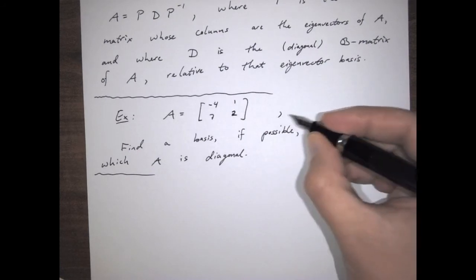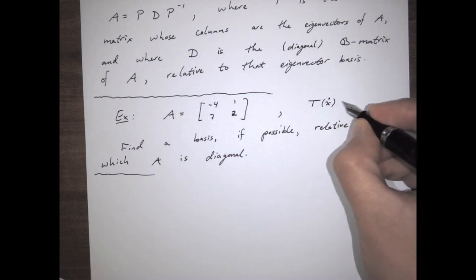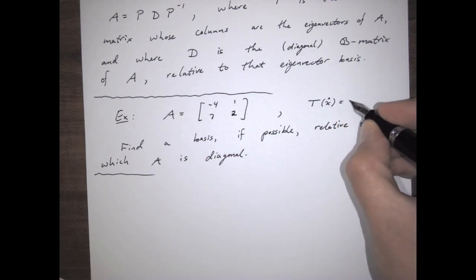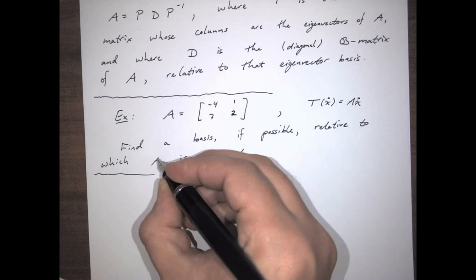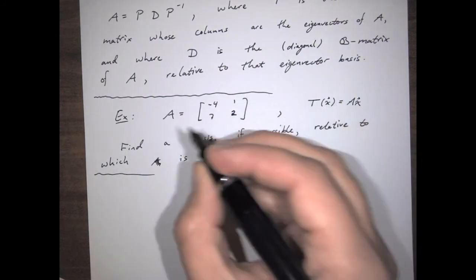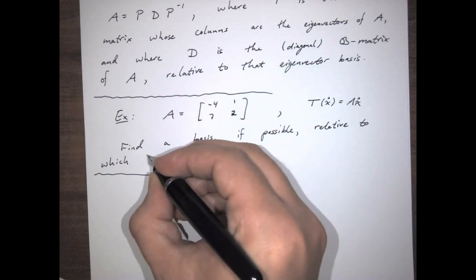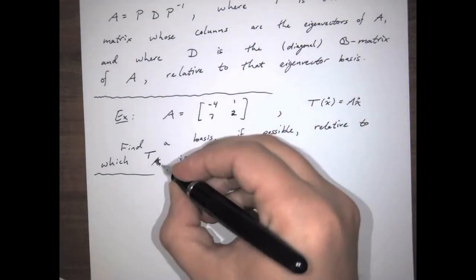Or I should say, actually, T of x is equal to Ax, and relative to which T is diagonal.